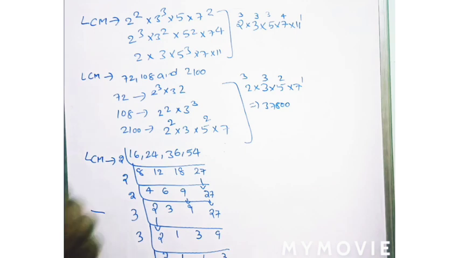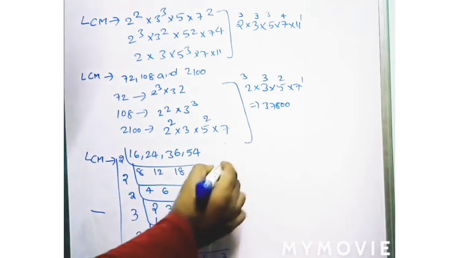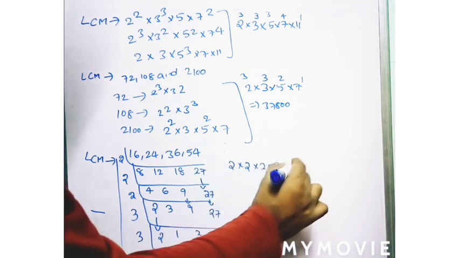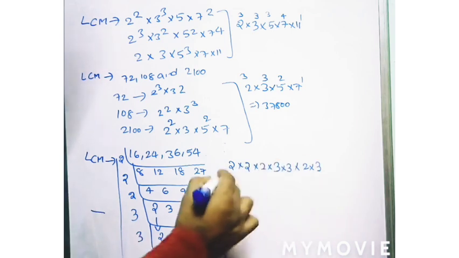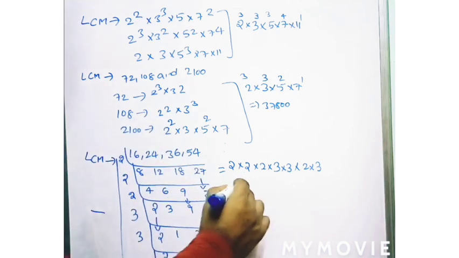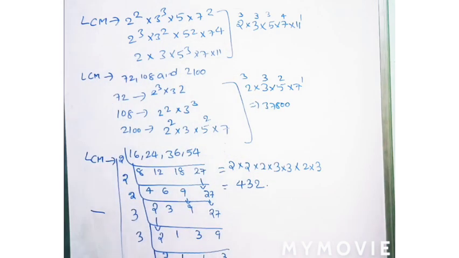The LCM will be the product of this side as well as this side. That is 2 times 2 times 2 times 3 times 3 times 2 times 3. So 2 times 2 is 4, 8. So the total will be 432. So like this, LCM can be identified.